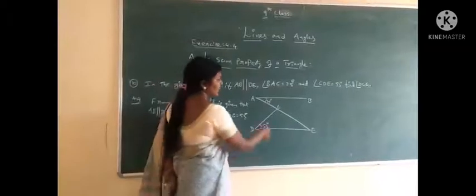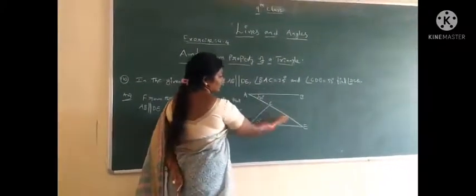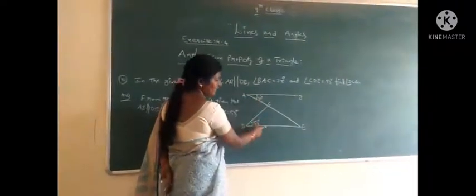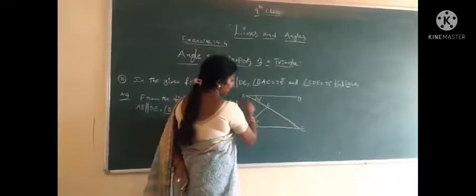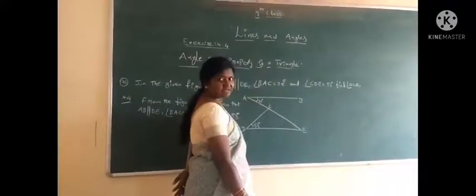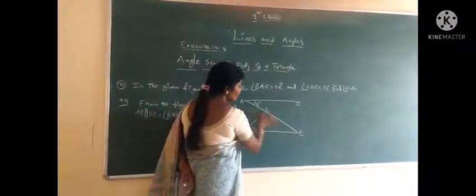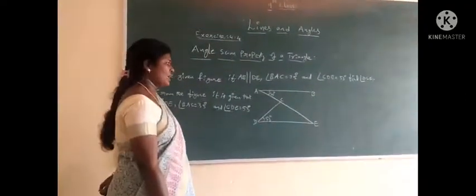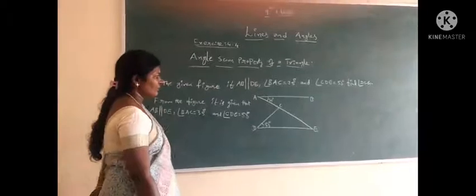Students, observe these two angles. AB and DE are parallel lines, and AE is the transversal. So these two angles are alternate interior angles. Alternate interior angles are equal.